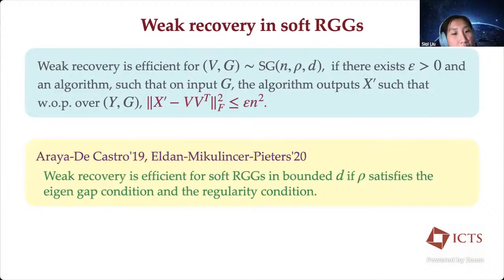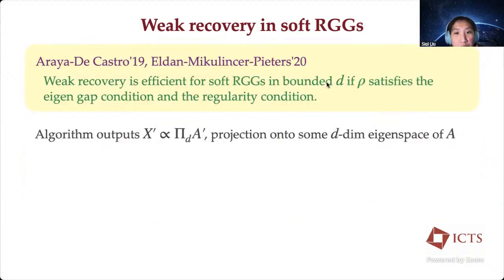For this kind of weak recovery problem, Araya de Castro and Aldana McLinser-Peters have studied this problem, and specifically they consider the case when D is bounded, so the dimension of the sphere is a bounded constant, and they additionally require the function rho to satisfy some niceness condition that I'm not going to specify too much here. If one assumes that, they prove that weak recovery is possible for bounded D and some nice choice of rho.